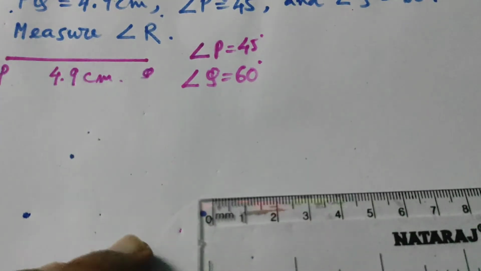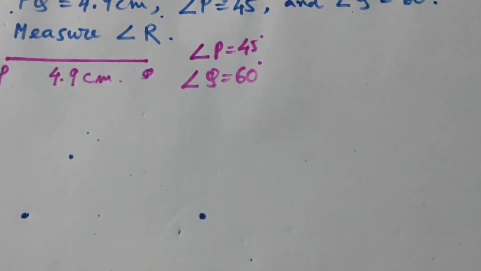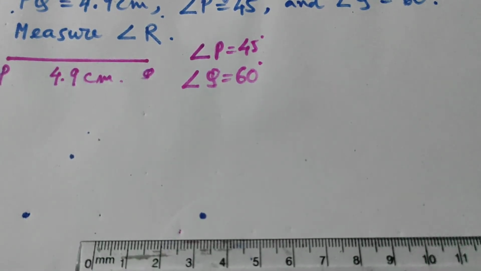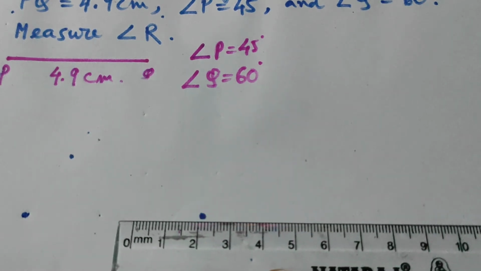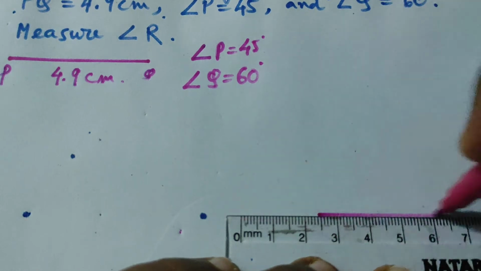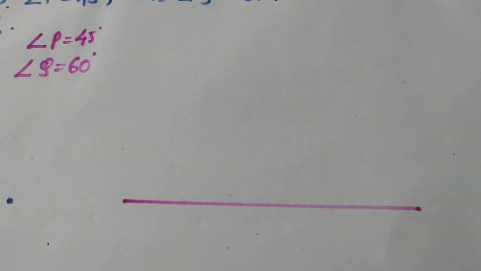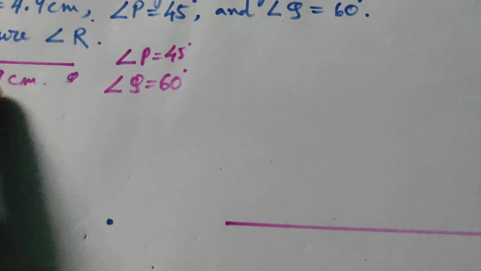Roughly we can see that this line segment and this PQ equal to 4.9 are not equal in length, and obviously this line segment is bigger than 4.9 centimeter.